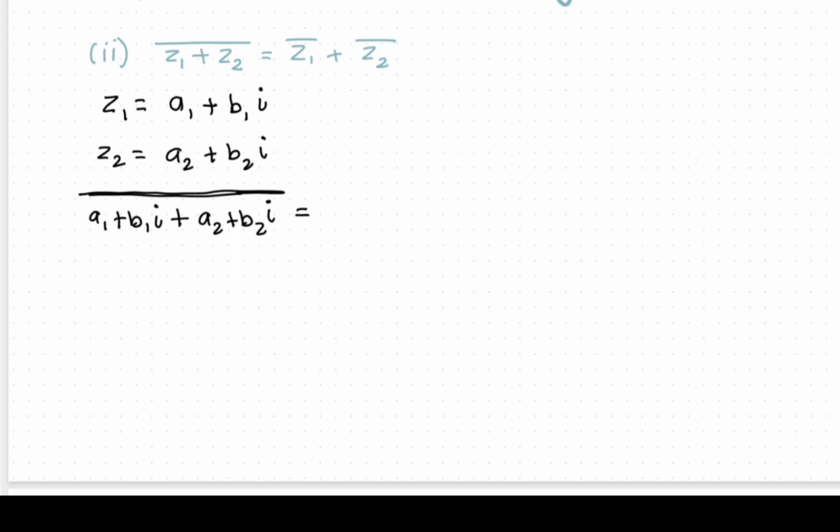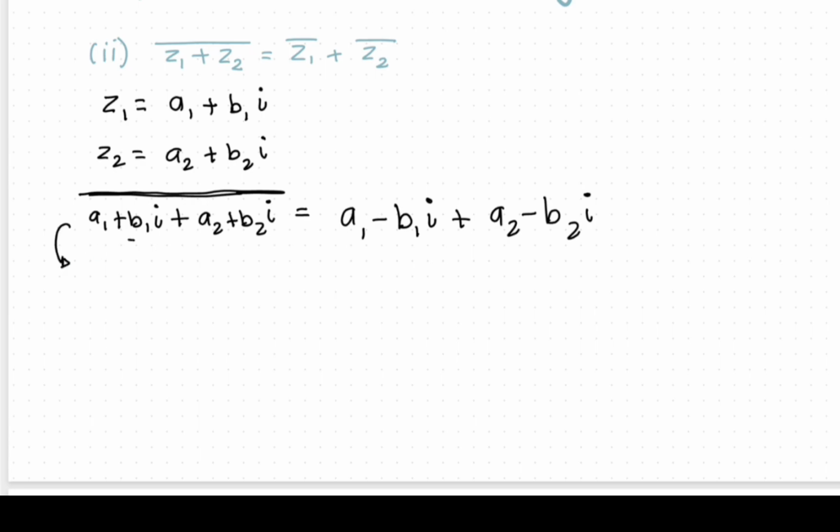Now for the right-hand side. The right-hand side is going to be the conjugate of each, so that will just be A1 minus B1I plus A2 minus B2I. Now let's take a look at the left-hand side.